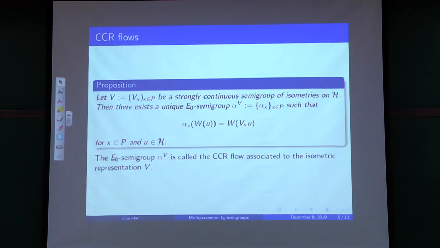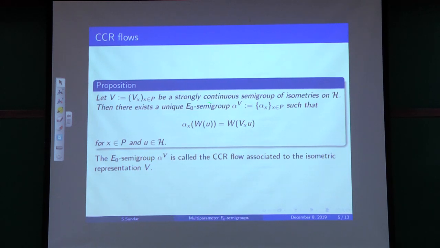So here is the first example, that's the proposition. If you have a strongly continuous semigroup of isometries on a Hilbert space, then each isometry will induce an endomorphism on the bounded operators on the symmetric Fock space, whose action on the Weyl operators is given by alpha x W(u) equals W(V x u).